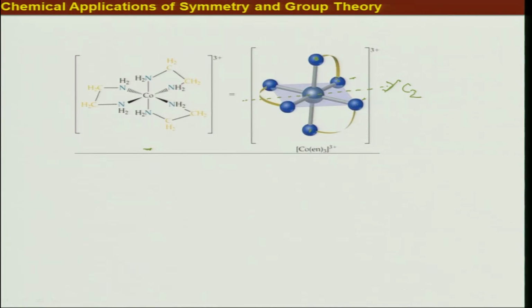Since I can get one C2 by putting this en on the equatorial plane, similarly I can redraw it by bringing this ethylene diamine into the equatorial plane and get one more C2, and then a third one by putting the third en in the equatorial plane. So I get 3 C2 axes. Then what other symmetry operations will be necessary?